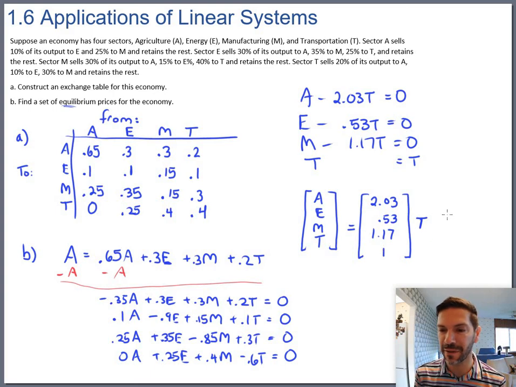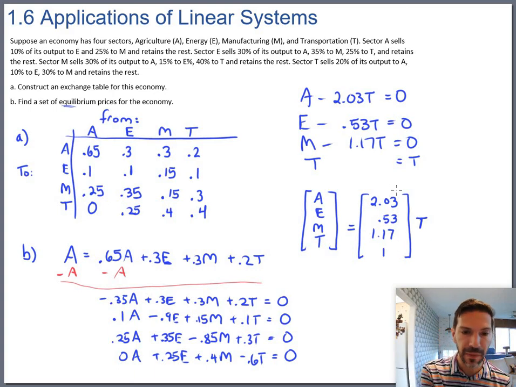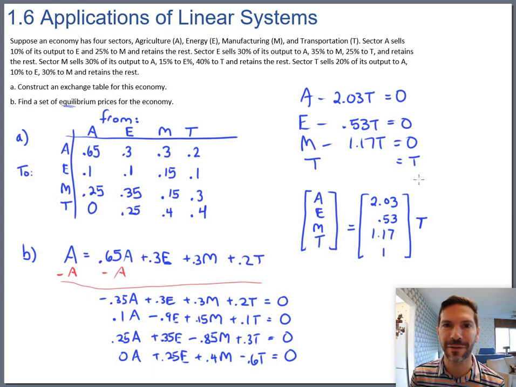So if T is 100 million, that gives you your prices for the other sectors of the economy. It's a simplified model, as all models are, and particularly as all models are in economics. In the other two examples, we'll look at some that are a little more precisely descriptive of their situations.